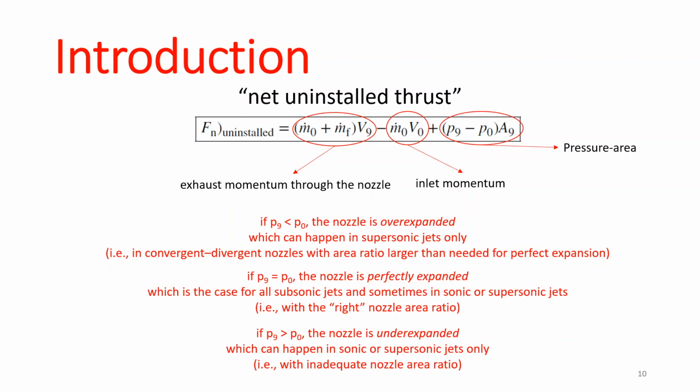This value is going to be negative, right? Which means that you will lose some of the thrust generated by this term, right? What if P9 is larger than P0?